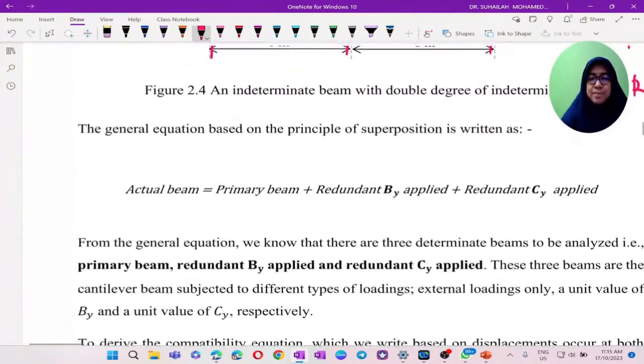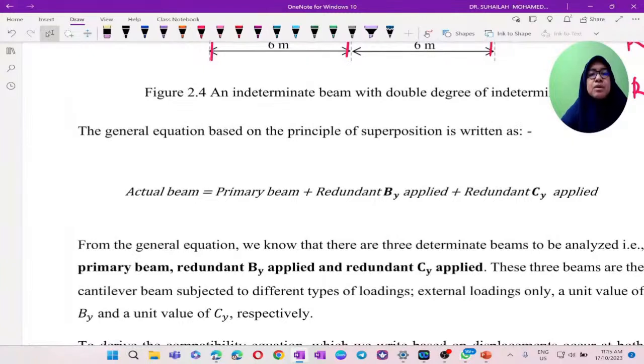So from the principle of superposition, since this is R1, this is R2, primary beam plus redundant BY applied plus redundant CY applied equal to actual beam.